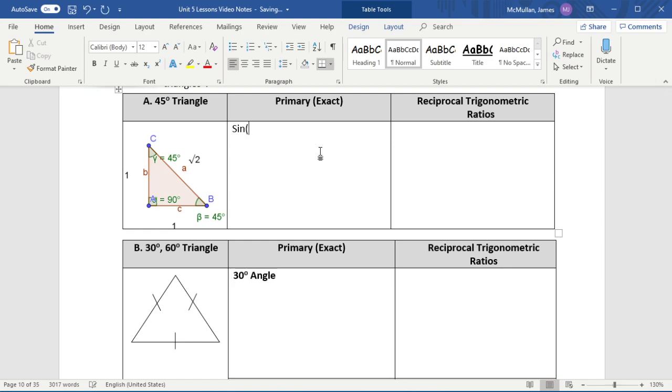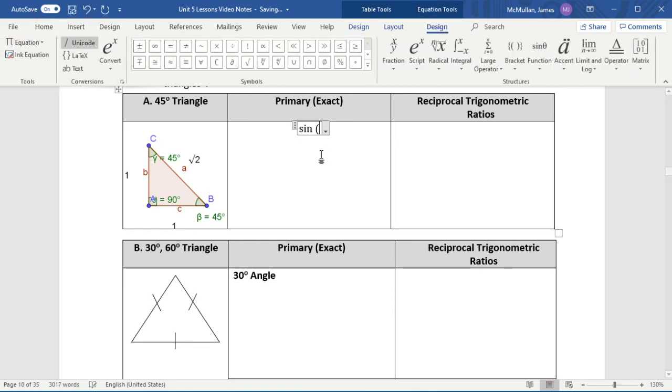So sine 45 degrees. Let's do this in the equation editor so it actually looks decent. Sine of 45 degrees, how would you get this? You would do the opposite, which is a 1, divided by the hypotenuse, which is a square root 2.